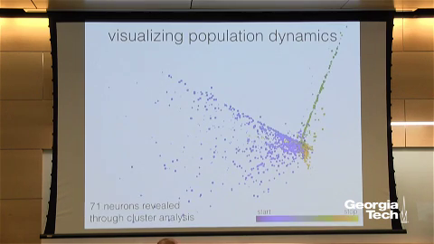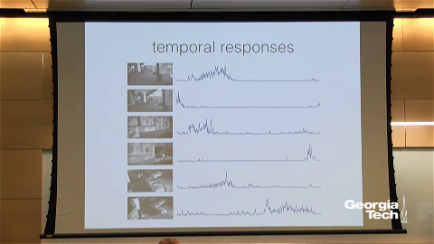So after seeing that there was this nice temporal orthogonality between the different responses of these clusters, the next step was to use dimensionality reduction to understand if there's some structure within these projections and the neural responses.